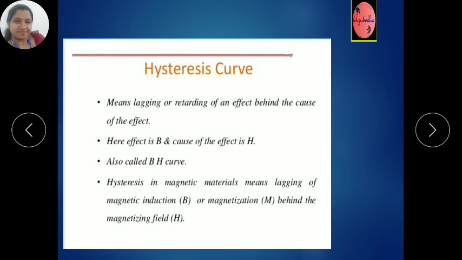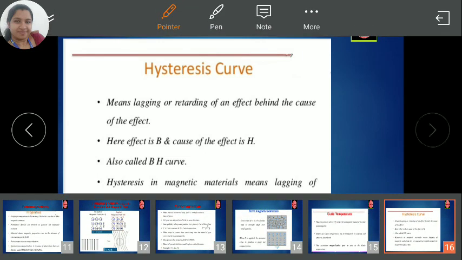That is the hysteresis curve in the case of magnetism. So hysteresis in magnetic material means lagging of magnetic induction or magnetization behind the external magnetic field H. That is called the hysteresis curve.